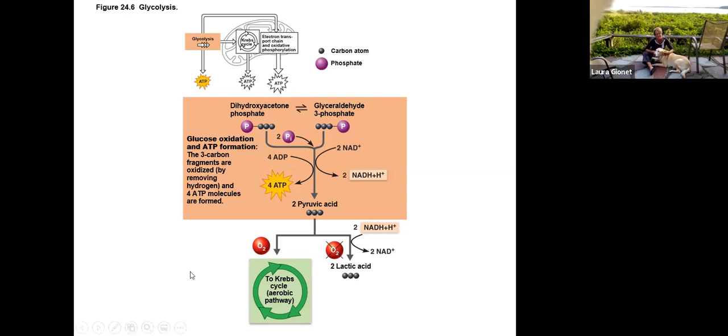It costs 2 ATP to make the 4, so we net come out ahead 2 molecules of ATP. We produce some NADH, and now we have the 2 pyruvate molecules at the end of this process.